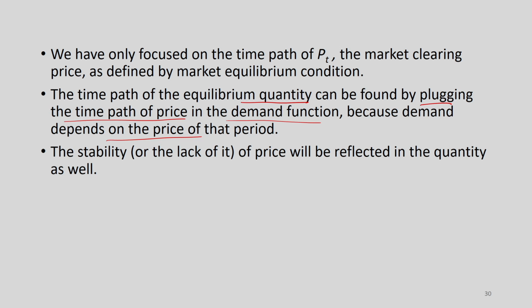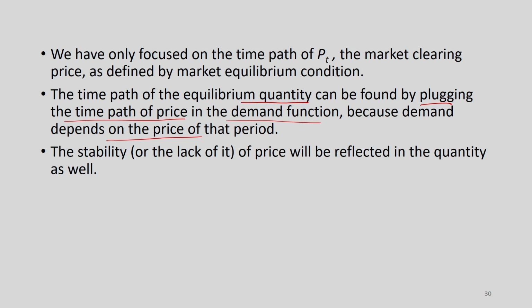Now, I said that it has to be plugged into the demand function. The reason being that the demand in the Cobweb model in a particular period depends on the price of that period. So, there is no lag there. That is why the time path of the price has to be plugged into the demand function, not the supply function.